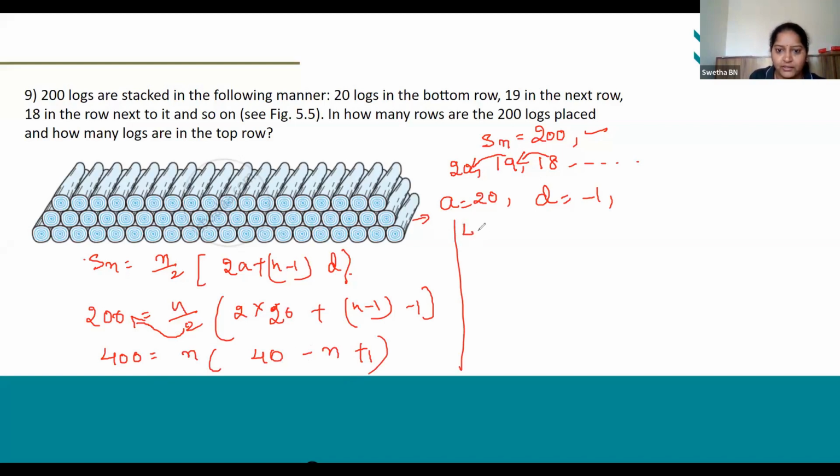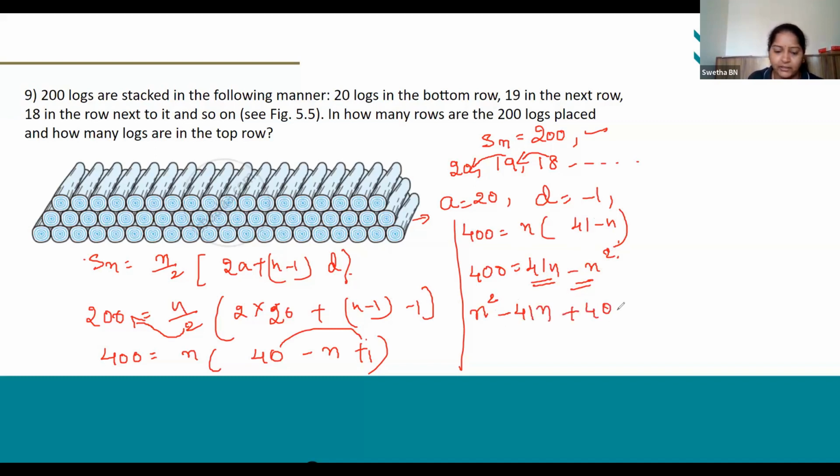So 400 is equal to n into 41 minus n, which is 41n minus n square. Since n square is negative, I will transpose to the left-hand side, it becomes n square minus 41n plus 400 is equal to 0.